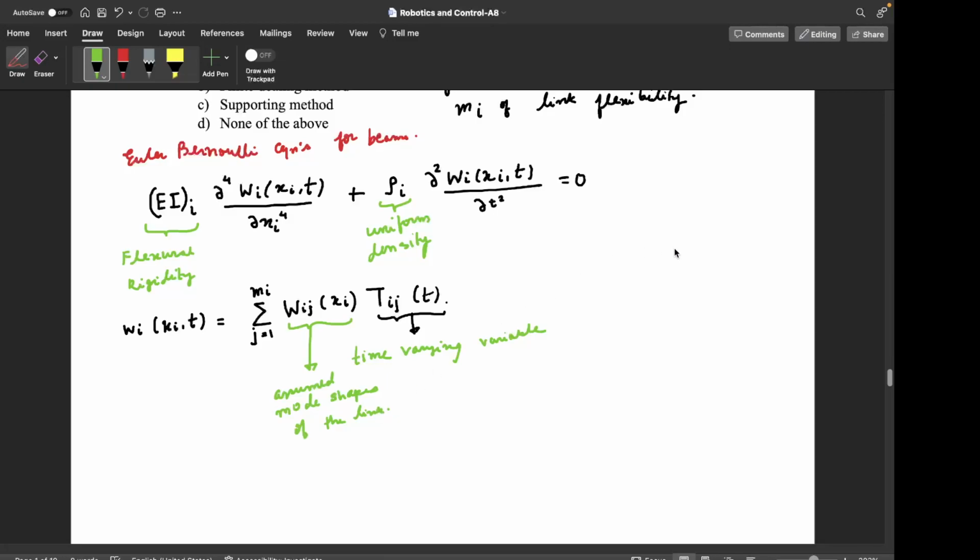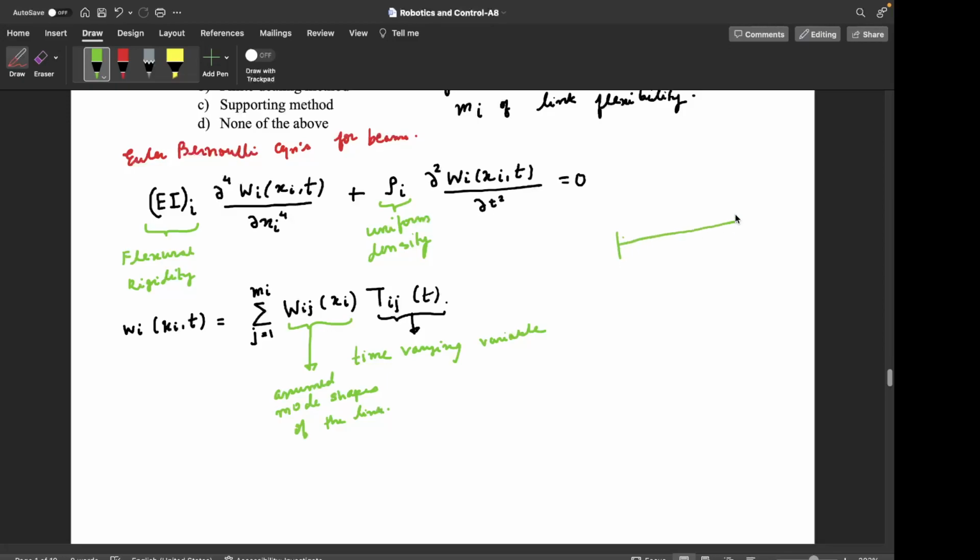Mode shapes, I'm not sure if you are familiar with this term, and we can't go into depth of that here, but you would imagine that there are different ways in which a beam can deform, right?